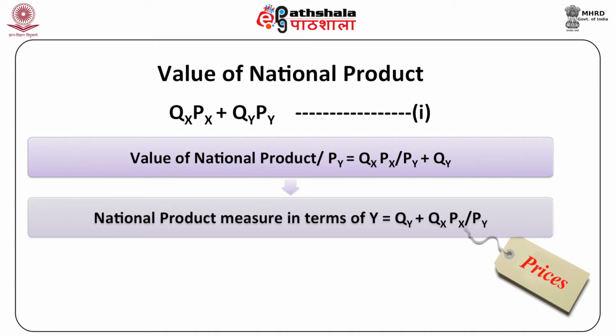The value of national product is given by Qx Px plus Qy Py, where Qx is the quantity of X, Qy is the quantity of Y, Px is the price of X, and Py is the price of Y.